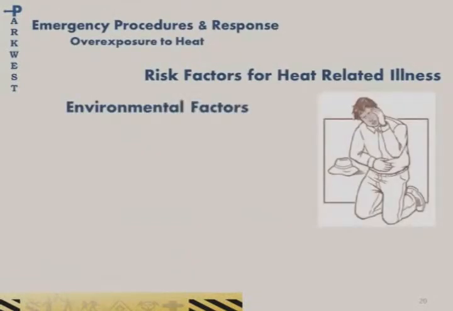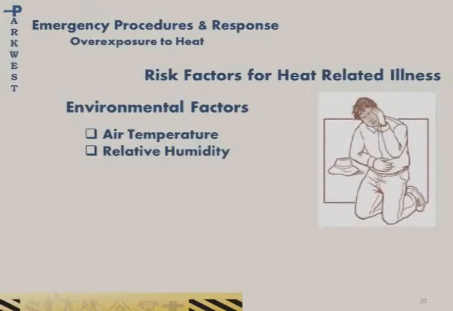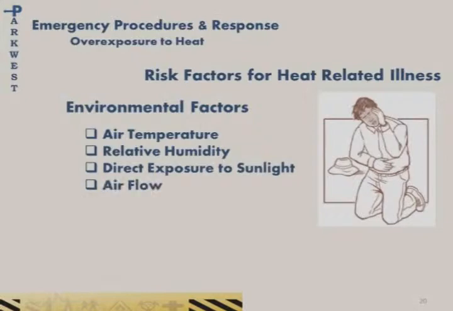Environmental factors contributing to heat-related illness include air temperature, relative humidity, direct exposure to sunlight, airflow, the type of work performed, the duration of exposure, and the amount and type of PPE worn.